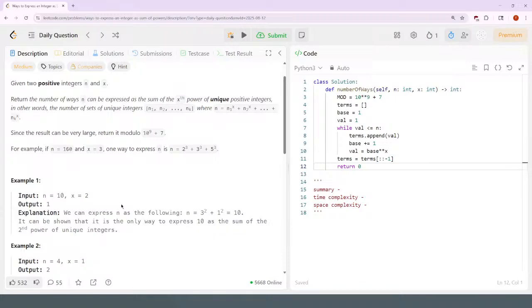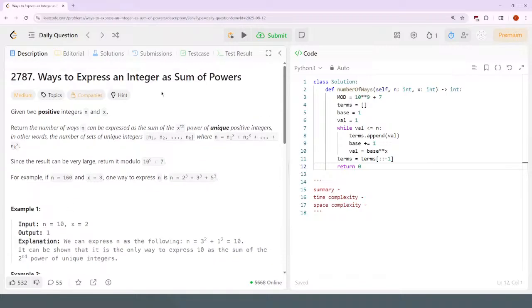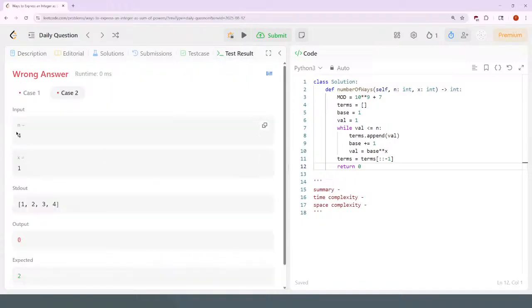10, 2. So it has to be 1, 4, or 9, and it has to sum.